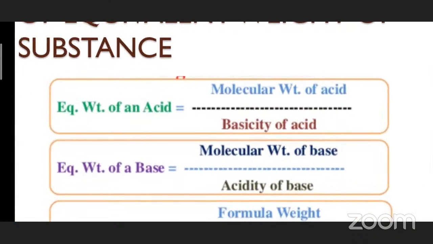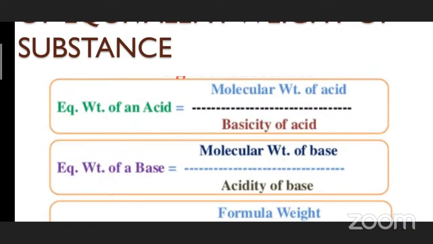So what is basicity? We need to know. Tell me a few examples of acids, recall once. One of the acids present in our stomach, what is that? HCl, hydrochloric acid. So how many hydrogens can this HCl lose? It can lose only one hydrogen ion.